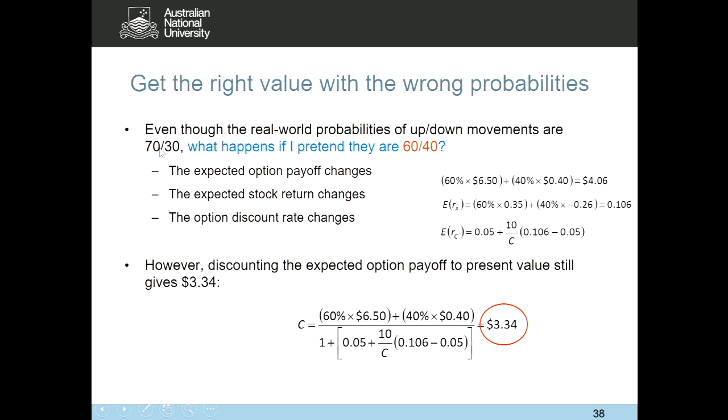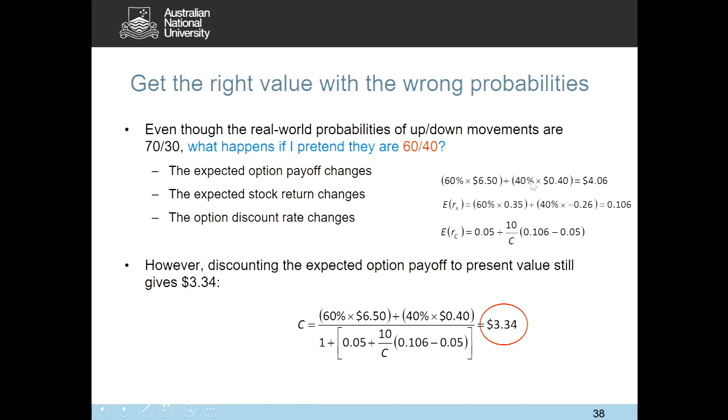Remember, our correct probability was 70% chance going up and 30% chance going down, right? So let's just pretend that there's a 60% chance going up and a 40% chance going down. We can recalculate the payoff from the call option. It turns out to be $4.06.